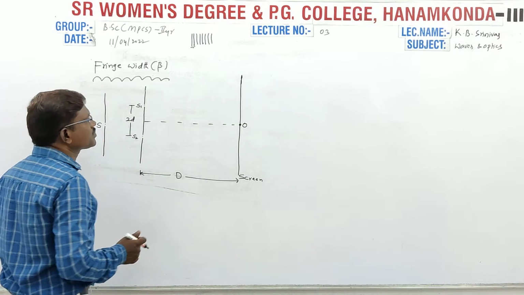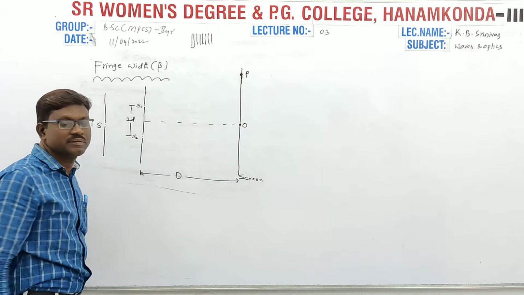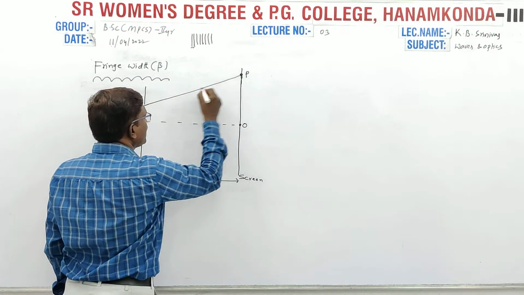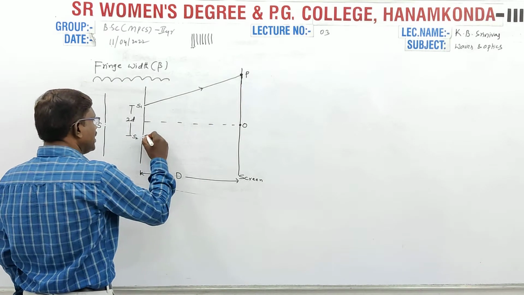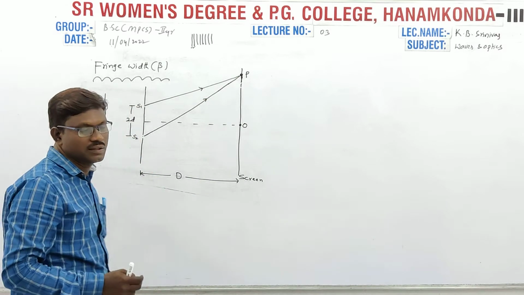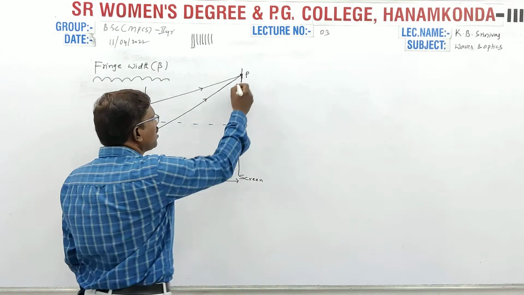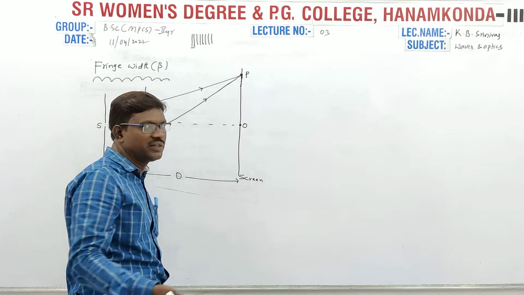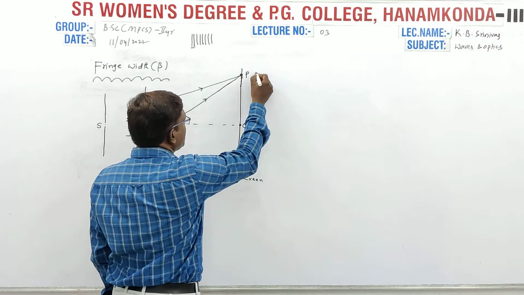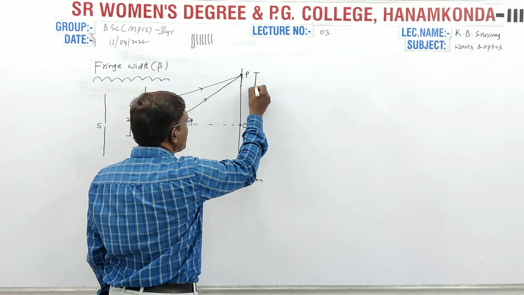Here I am considering one point, P. Let us imagine the wave coming from S1 reaching P. Simultaneously the wave coming from S2 also reaches point P. These two waves superimpose on each other, forming a fringe on the screen at point P. Maybe it is a bright fringe or a dark fringe. The distance between the center of the screen and point P on the screen, I am representing by X.